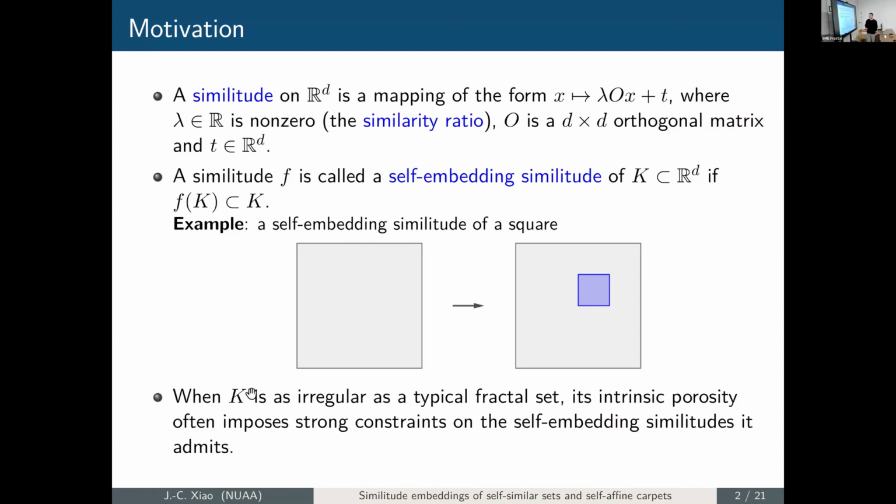But when the set K is as irregular as a typical fractal set, it always possesses a strong porosity, and there are many holes inside, and this often imposes very strong constraints on those self-embedding similitudes that the self-similar set admits.